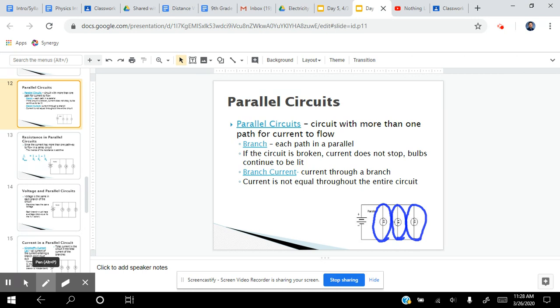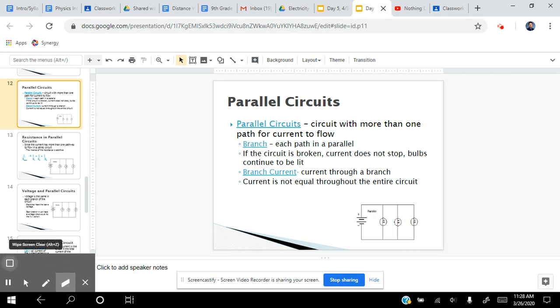Okay, if a branch is broken within that parallel circuit, the current doesn't just stop. So if I were to take some sort of wire cutter and cut right here, and I cut that first branch's wire, well, current is still going to flow through branch number 2 and branch number 3 here.